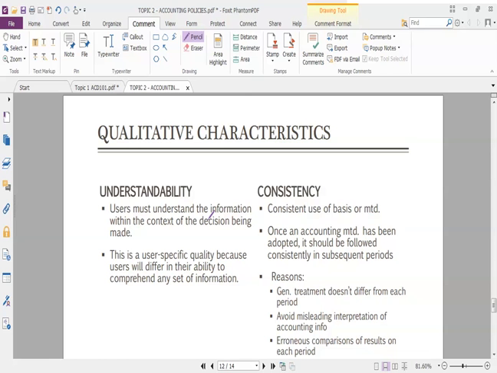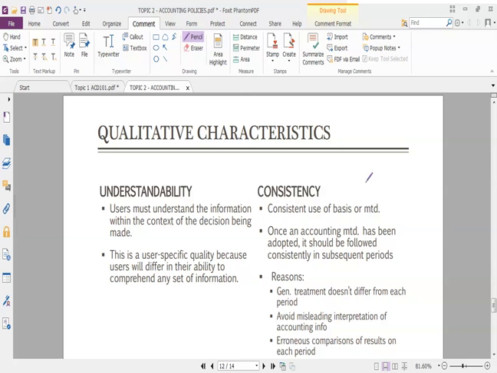That is understandability. Consistency: the method that you use. If this year in your company you are using, for example in depreciation, the cost basis method, then next year you must consistently use the same method.